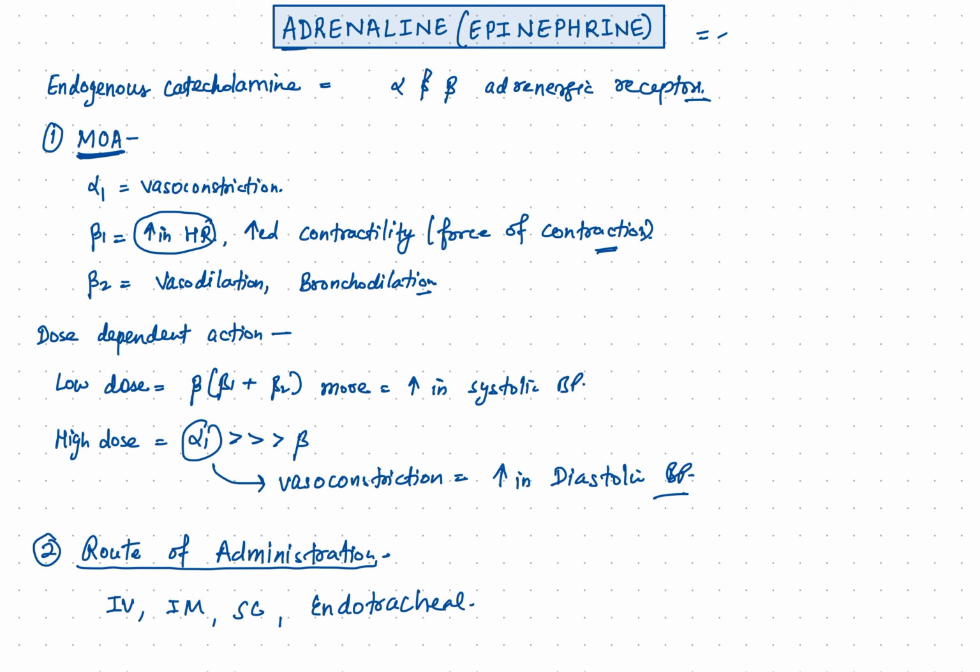And adrenaline is basically an emergency drug. When we discuss its uses, we will note that most of the time it is used in emergencies only. It has rapid onset and it is metabolized by monoamine oxidase and COMT. These two enzymes will metabolize it.